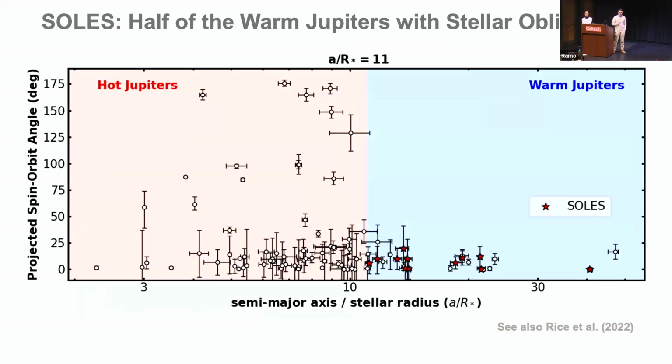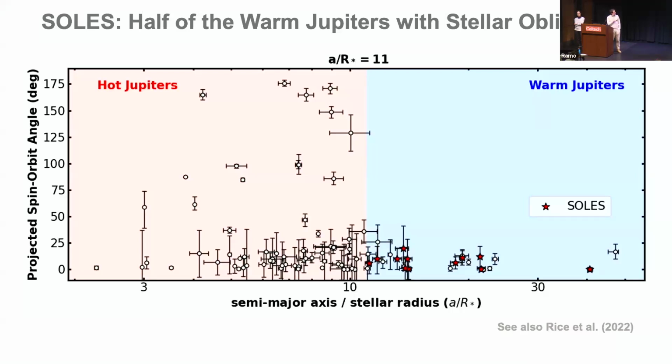Yeah, I assume you are talking about this one, right? The boundary for normalized semi-major axis equals 11. That's the boundary at which tides can work. So that's a very simple answer to your question.